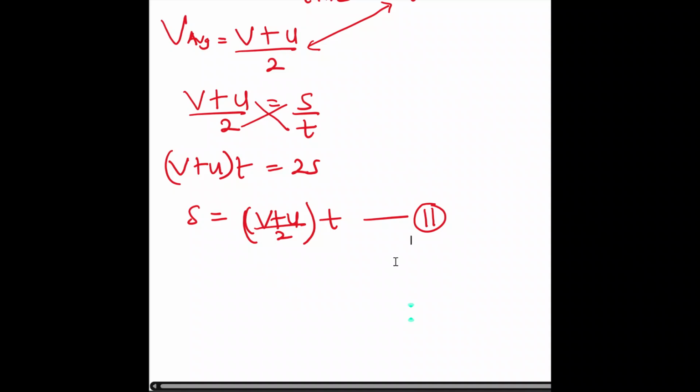Now that we've gotten the second kinematic equation, we want to input the first equation, V equals U plus AT, into equation 2.